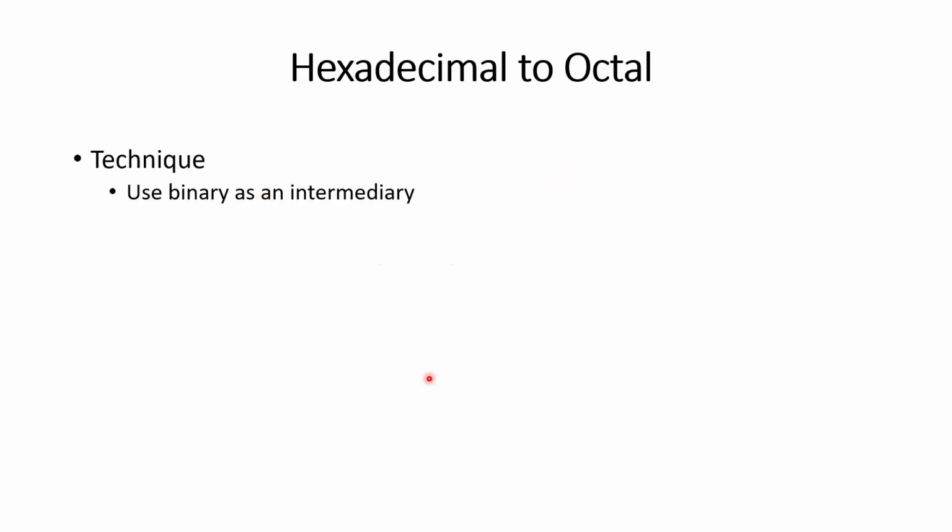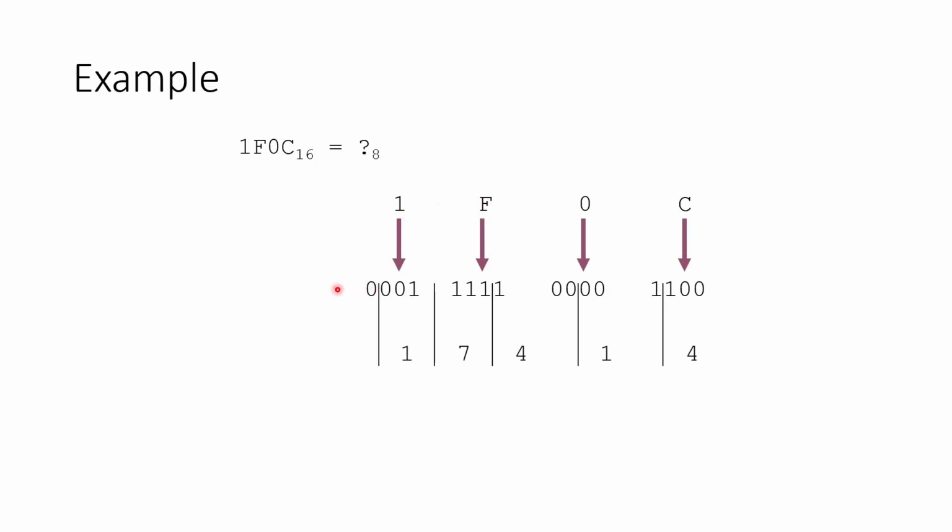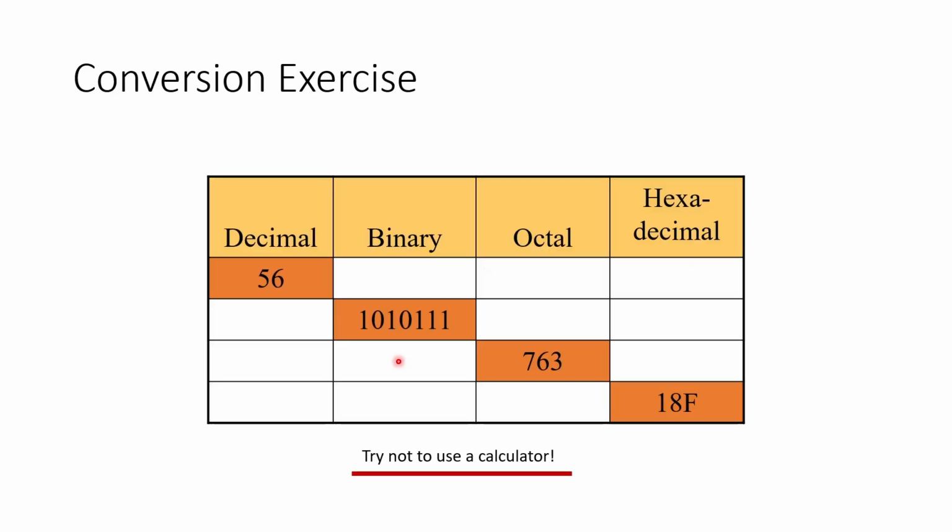And hexadecimal to octal, the technique is the same. You have to convert this hexadecimal to a binary number, then convert this binary number to an octal number. So the answer is 17414.